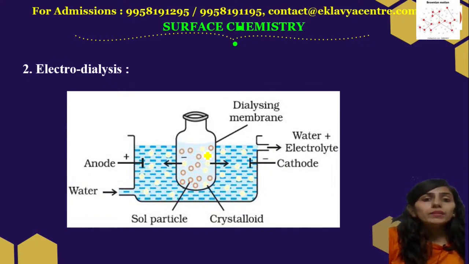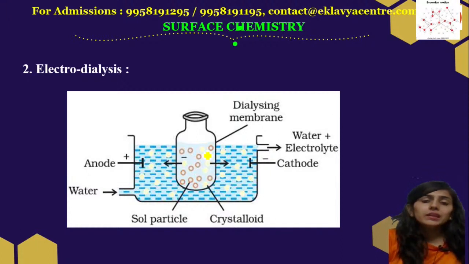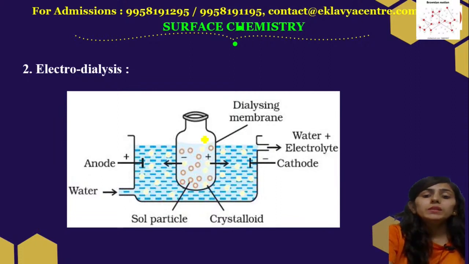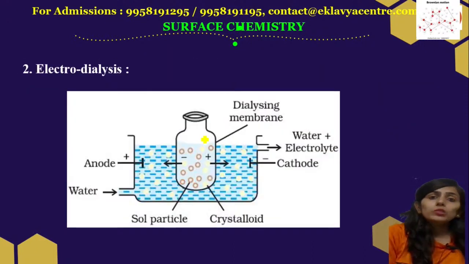So now we are applying an electric field. We were adding electrolytes for the precipitation of our sols.